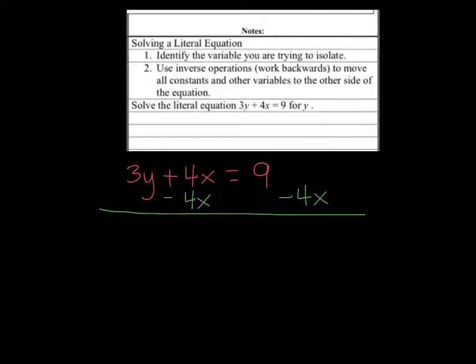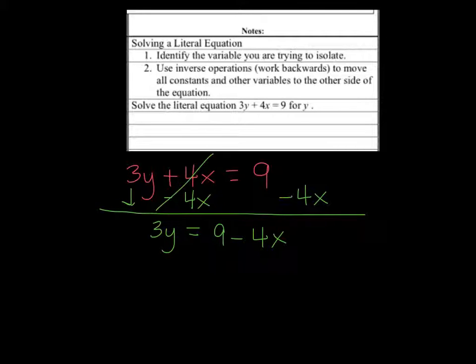So positive 4x and negative 4x will make 0, and I bring down my 3y. And then this is the part that is different from solving equations. I can't actually subtract 9 minus 4x because they're not like terms. So when I write my expression on the right side over here, I'm actually writing 9 minus 4x.